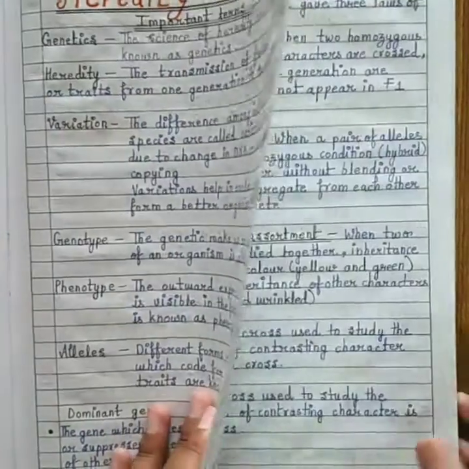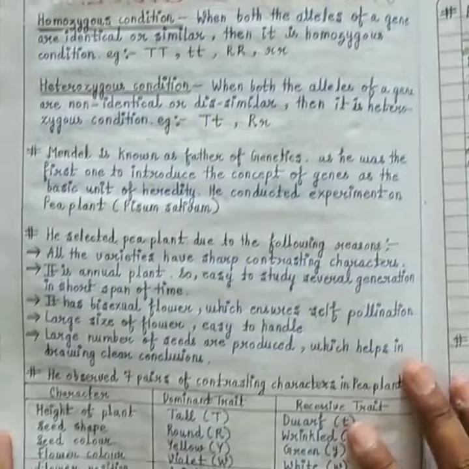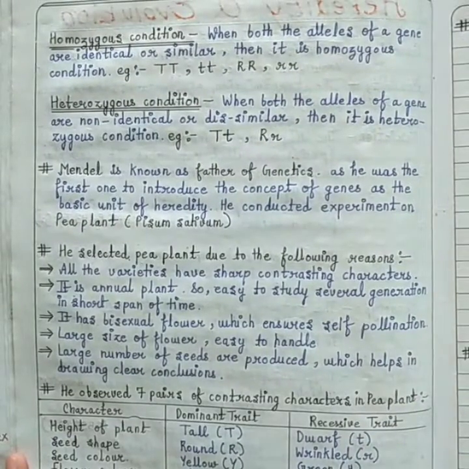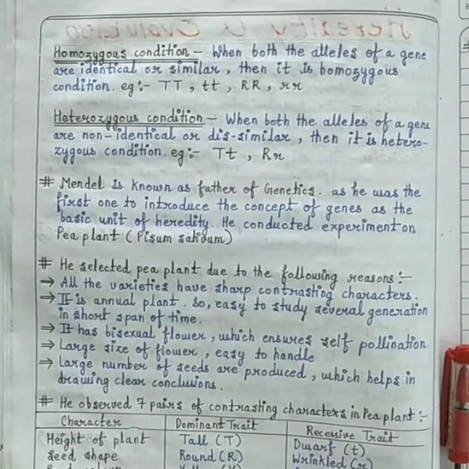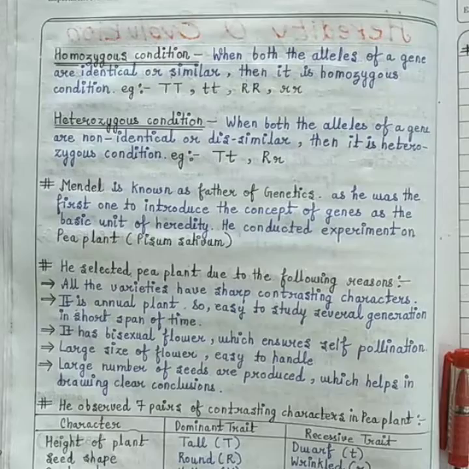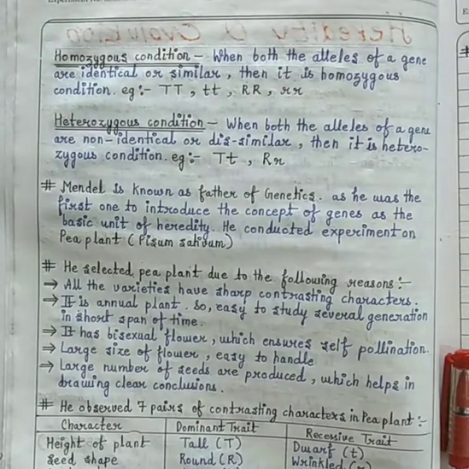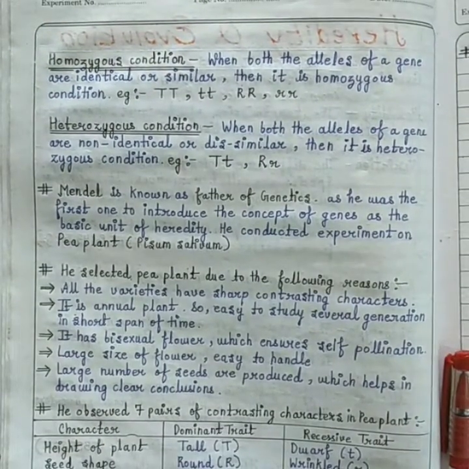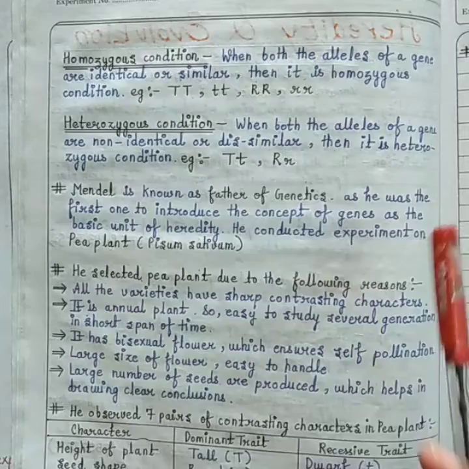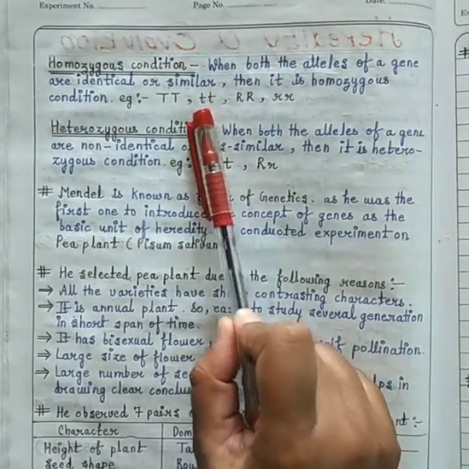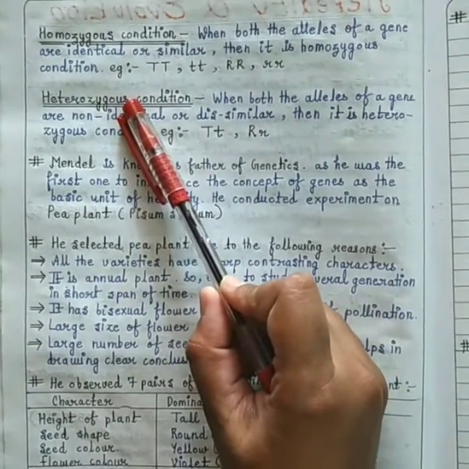Now moving ahead, we'll talk about homozygous and heterozygous condition. Homozygous and heterozygous conditions arise when both the alleles of a gene are present together. When two alleles are present together and they are similar, that condition is known as homozygous condition.